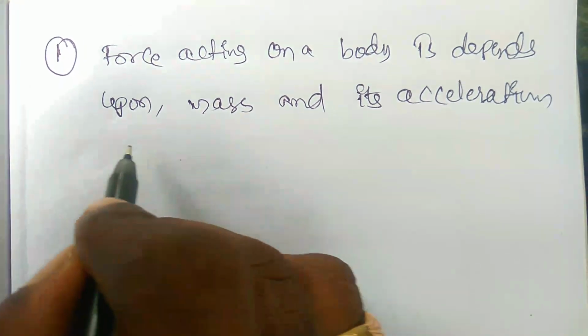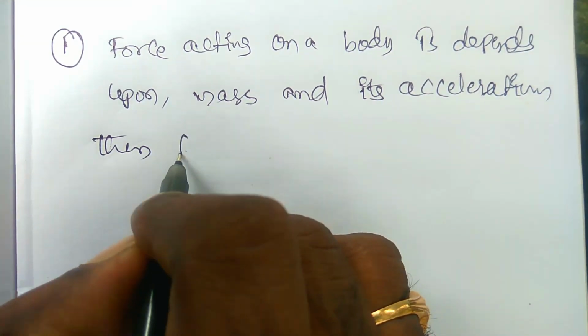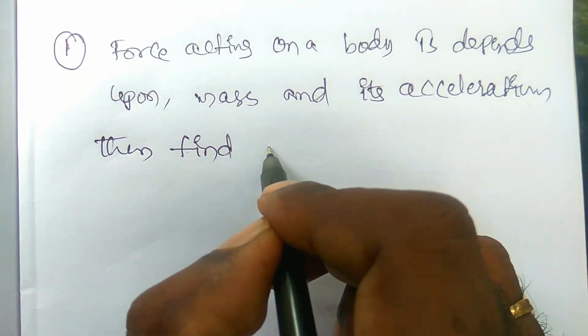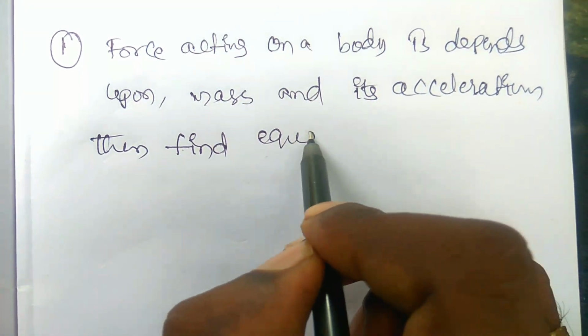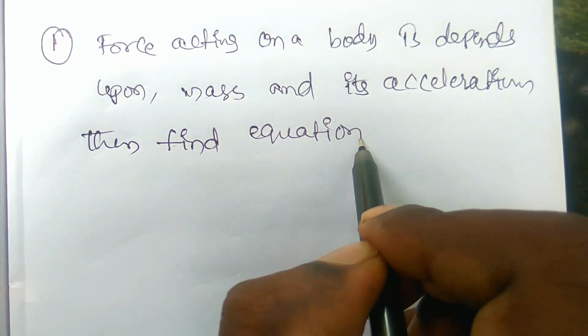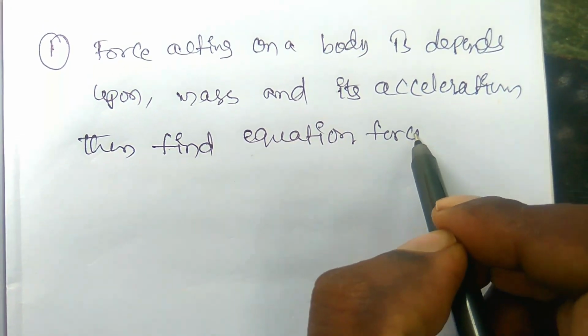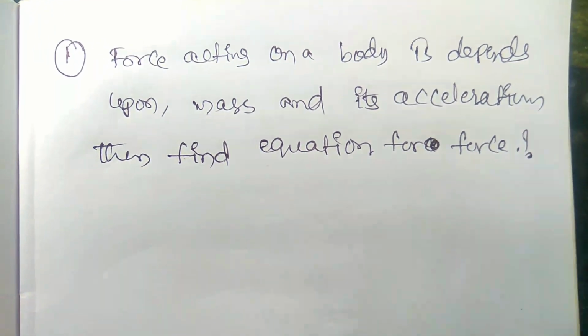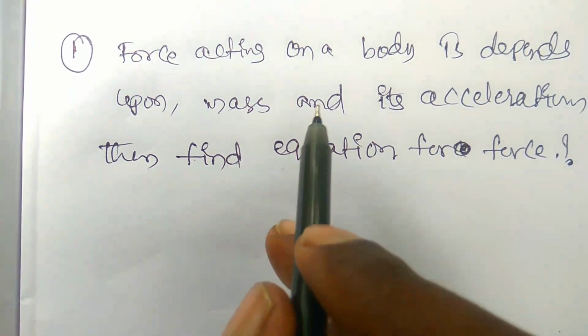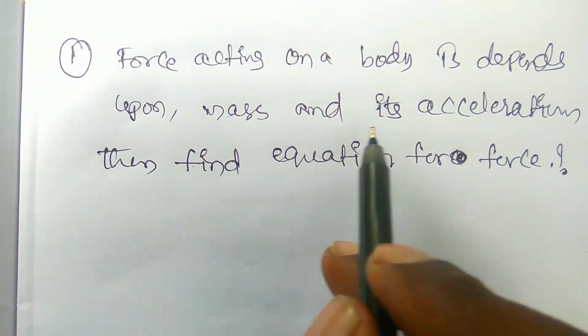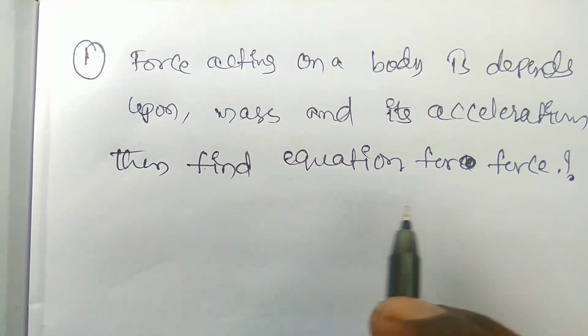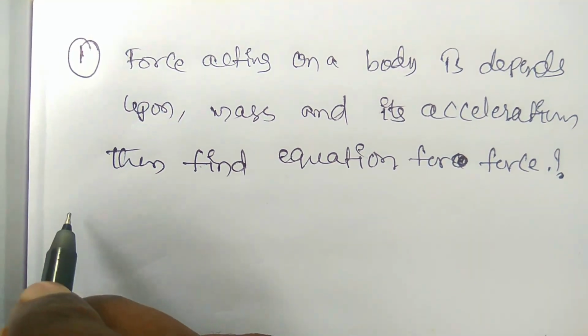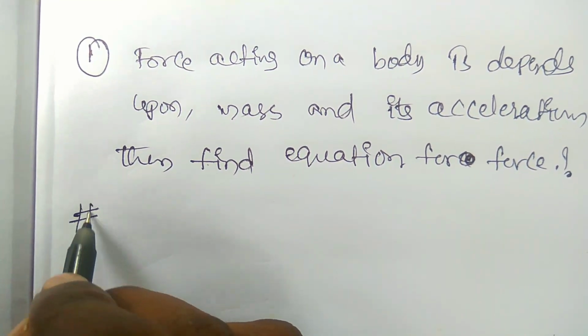Then find the equation for force. This is the question we had. Force acting on a body depends upon mass and its acceleration. Then find the equation for force by using the dimensional formula. Okay, so how we can solve it, let us see.